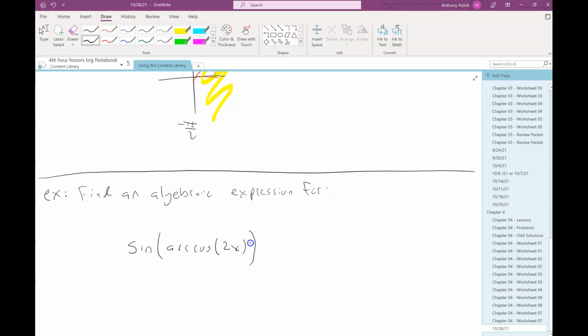Let's say we're asked to find an algebraic expression for sine of arc cosine of 2x.